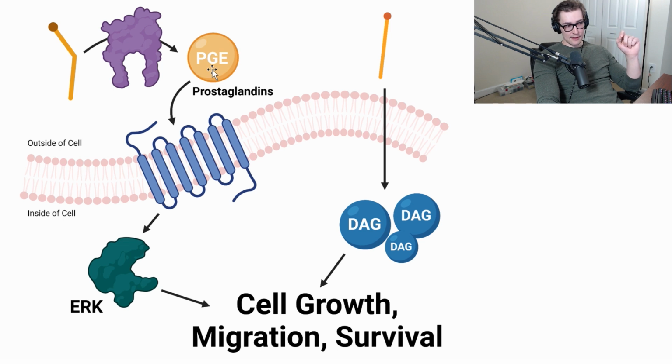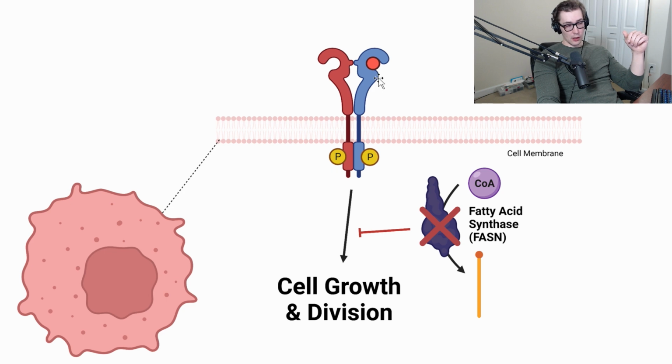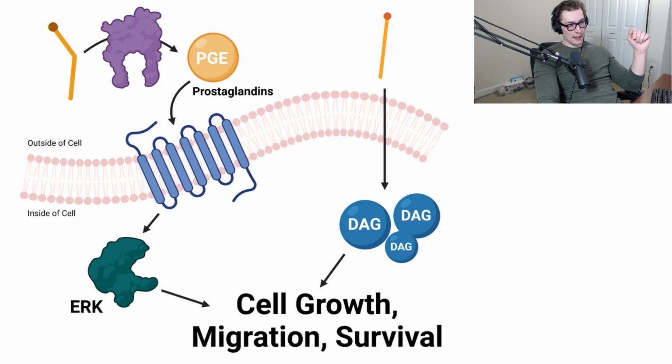These prostaglandins will then bind to the outside of a cancer cell. So I don't have the cancer cell shown, but here we've got our cell membrane. Again, same thing as what we've been looking at. And embedded into that membrane are, again, other receptors. So the ones that we talked about earlier, these HER receptors, are known as tyrosine kinases, and these are known as GPCRs, or G-protein coupled receptors.